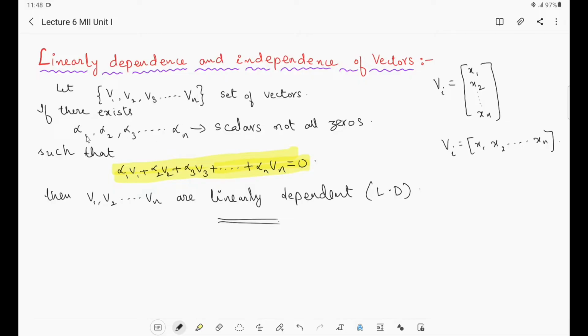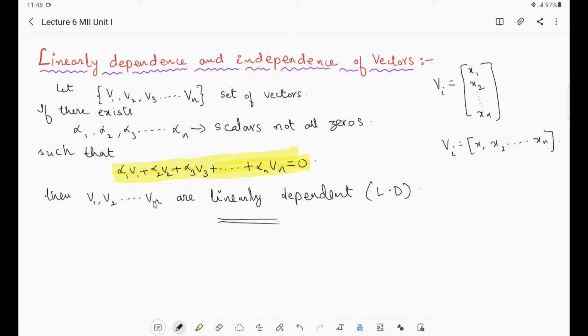If I am able to find scalars alpha 1, alpha 2, alpha 3 and so on alpha n, which are not all zeros, meaning a few of them can be 0 or a few of them can be non-zero, such that alpha 1 v1 plus alpha 2 v2 plus alpha 3 v3 and so on alpha n vn equals 0, then we say that the vectors v1, v2 and so on vn are linearly dependent, right?